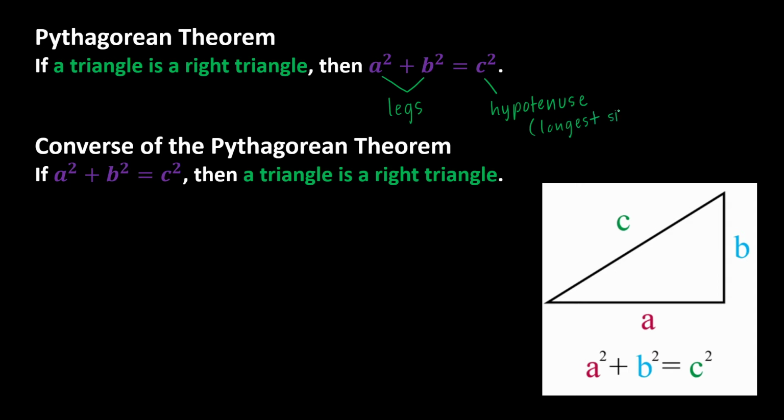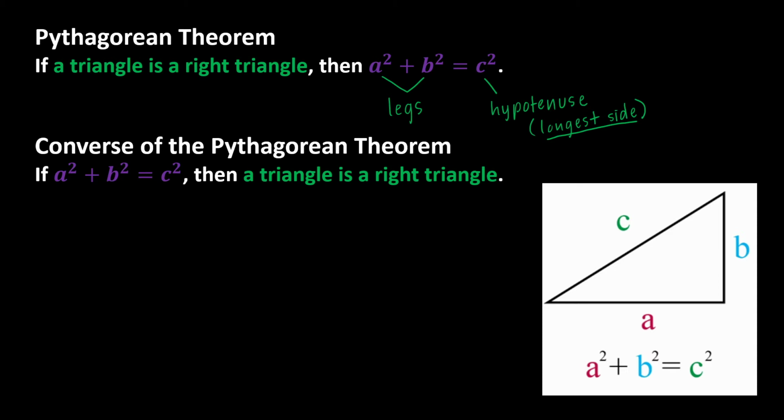It's going to be important to note that we will be referring to c as the longest side much more often in this video because acute and obtuse triangles do not actually have a hypotenuse. That term is exclusively for right triangles.